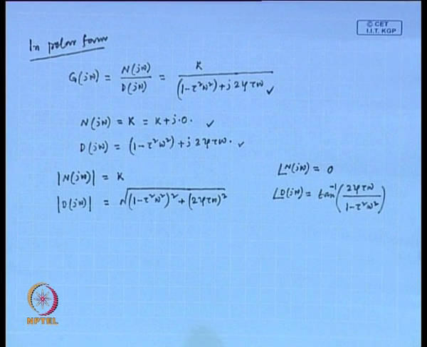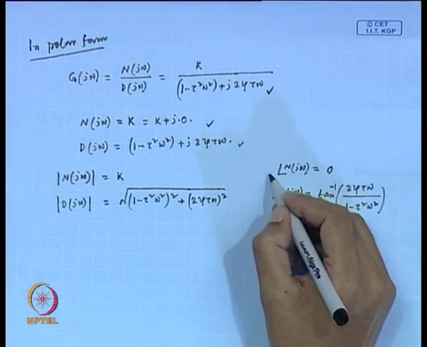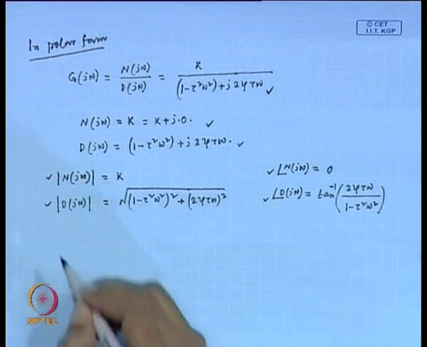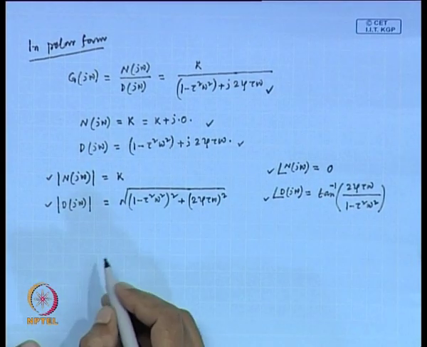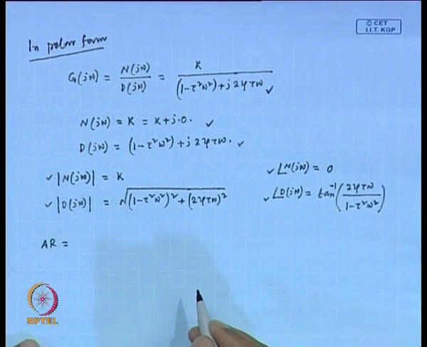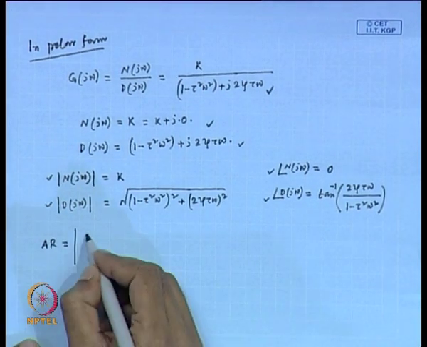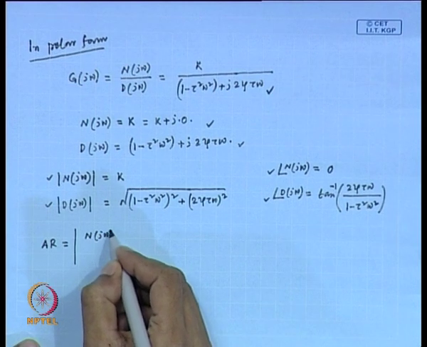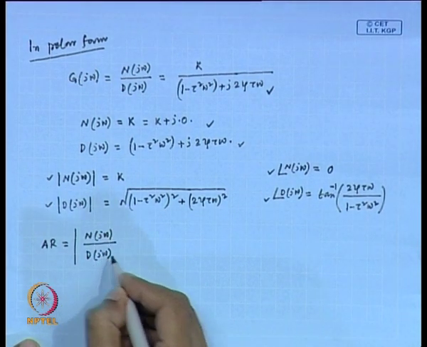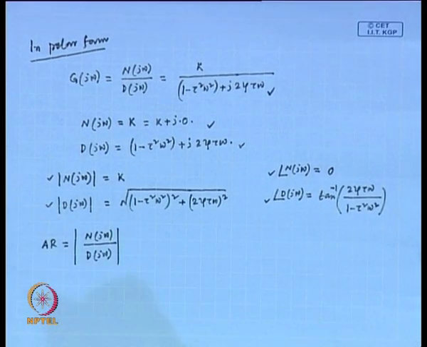Fine. These are the argument of numerator and denominator and magnitude of numerator and denominator. Now, amplitude ratio is written as magnitude of N(j omega) divided by D(j omega). This is the expression for amplitude ratio.